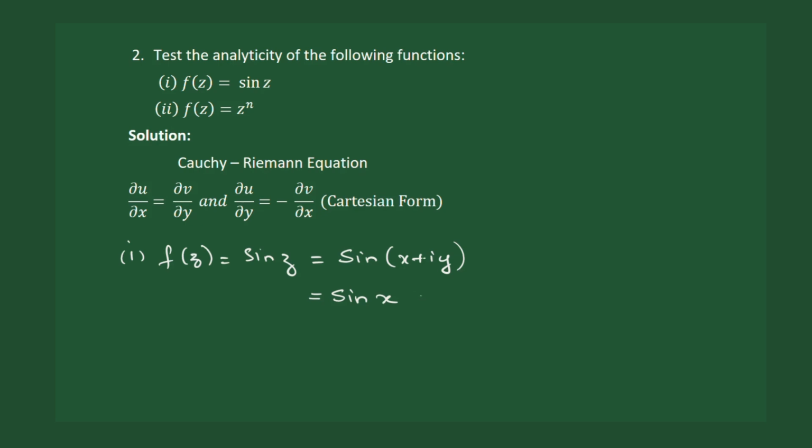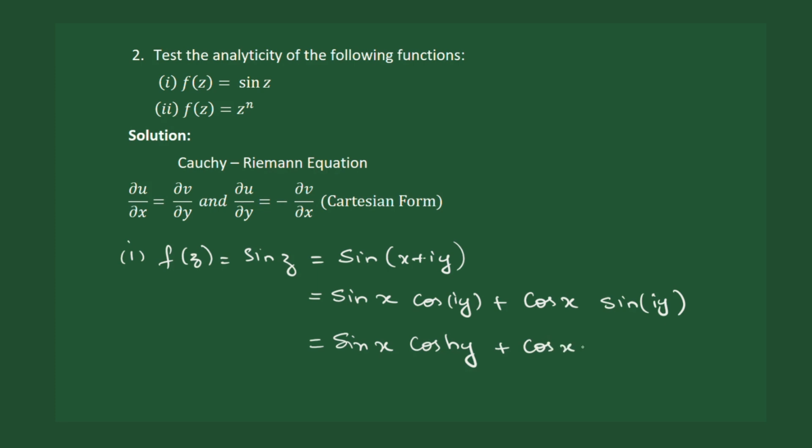So sine a cos b, that is cos iy, plus cos a sine b. Right? But here we should notice one thing, that we are having cos of iy. There is a formula that cos iy can be written as cos hy, where h represents the hyperbolic function.